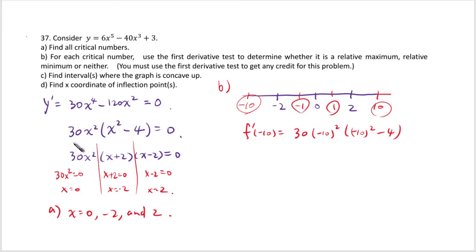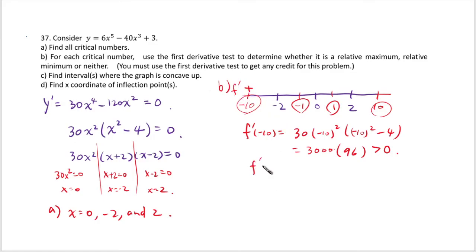So this is your y prime, right? I'm just plugging in negative 10 there, and that's 100, so 100 times 30, that's 3,000. And 10 squared is 100 minus 4, that's 96. I don't have to multiply this because all I want to know is whether it's positive or negative. So that's definitely positive. So f prime is positive here.